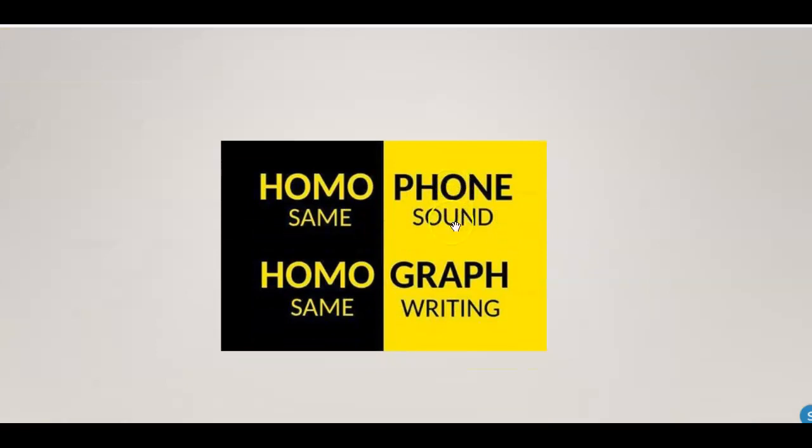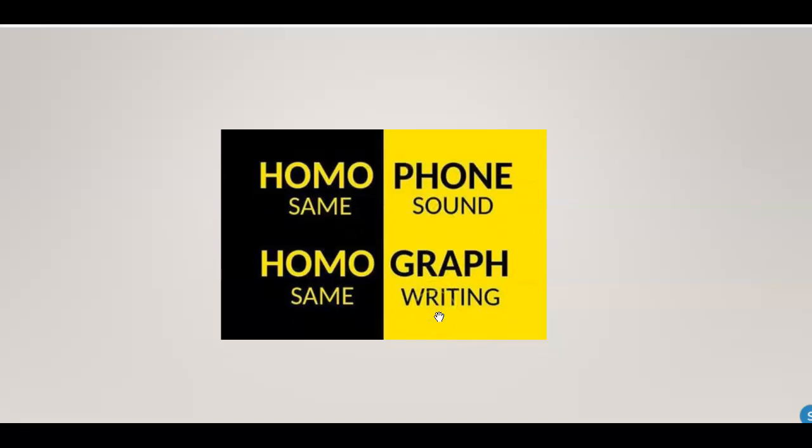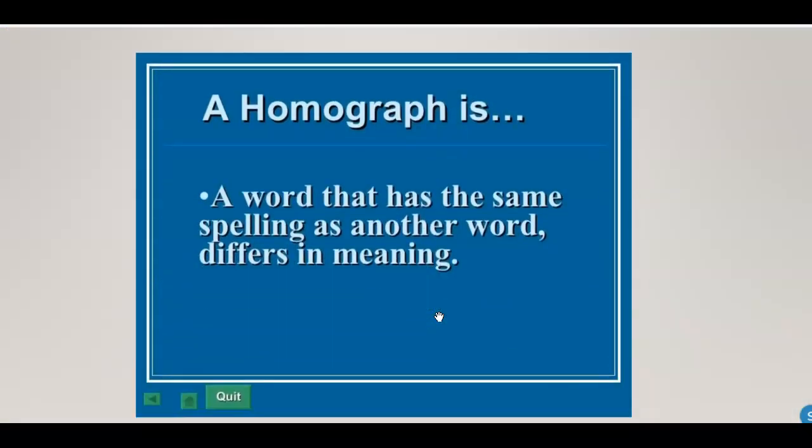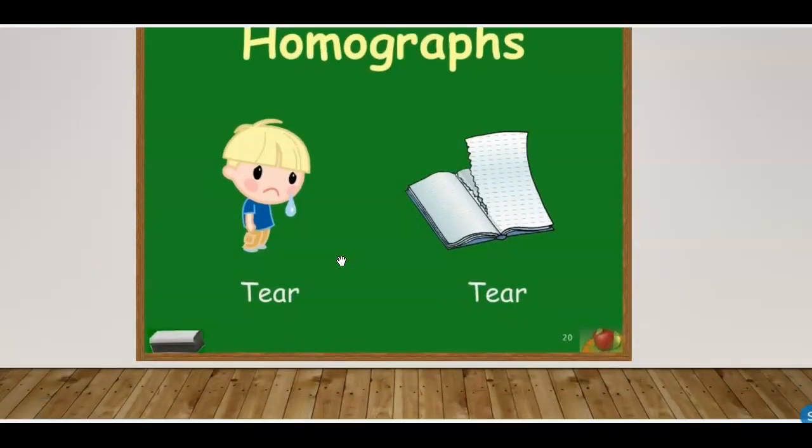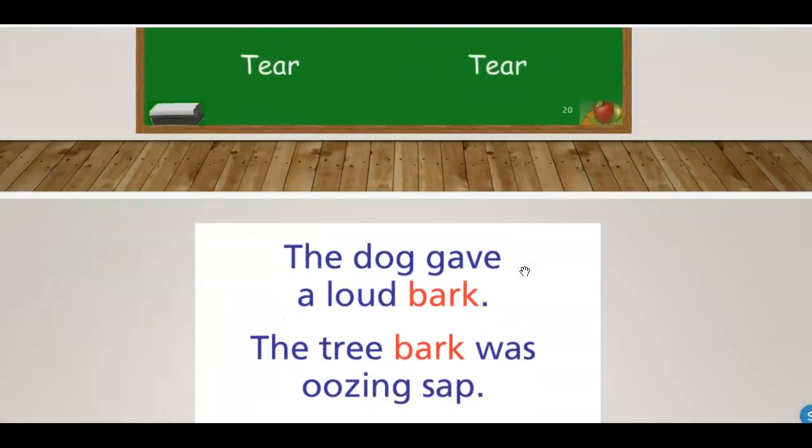Because phone means sound, graph means writing. So if a homograph is a word with the same spelling as another, but differs in meaning, let's look at some examples. Again, we had the tear, that we cry, and we had the tear, that means to rip something apart.